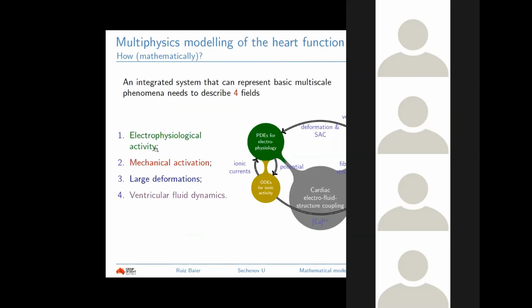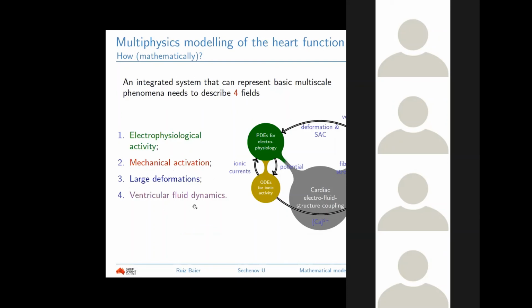So we have at least 4 subsystems. One is the electric activity, the electrical impulses. You also have deformations, because you have elasticity. And this is what connects these 2 systems, the mechanical activation.